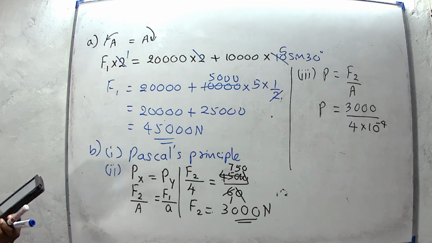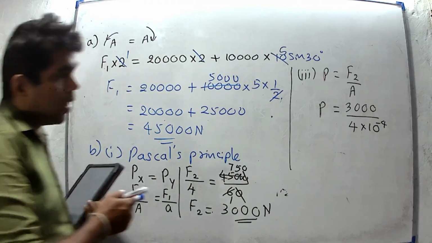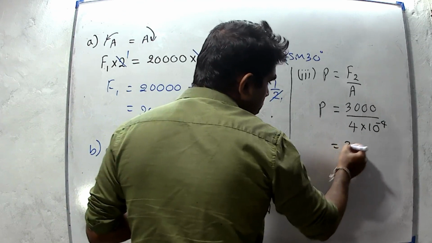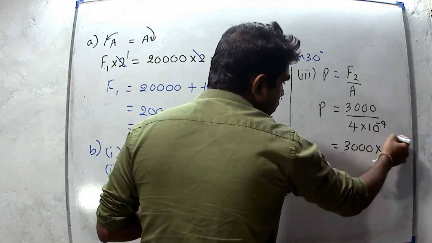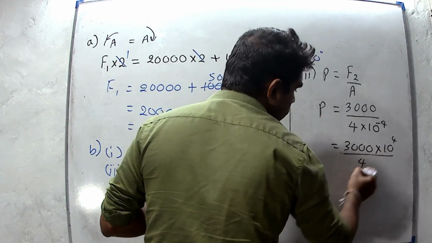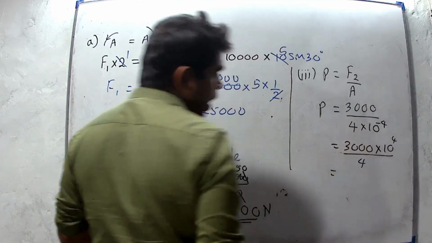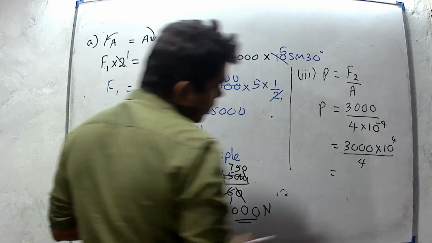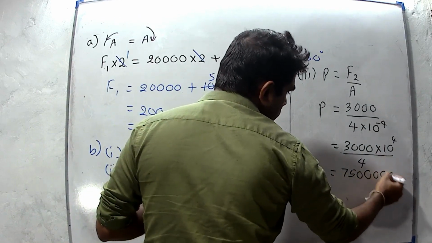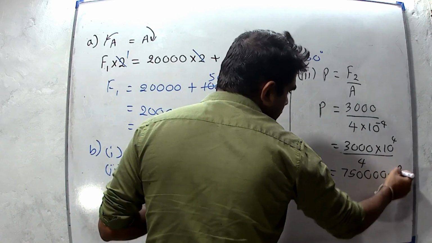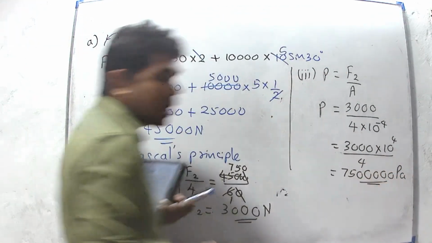Therefore, we put 10 to the power minus 4. Then we can simplify it. 3000 multiplied by 10 to the power 4 divided by 4. 3000 divided by 4 is 750 into 10 to the power 4 Pascal or Newton per square meter.